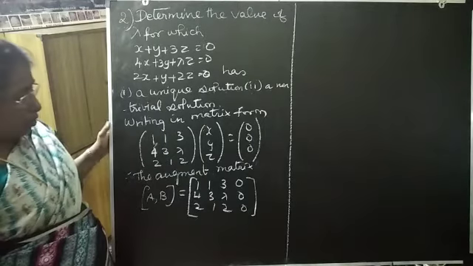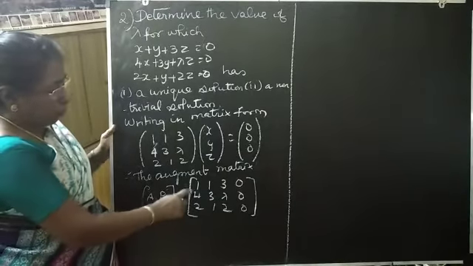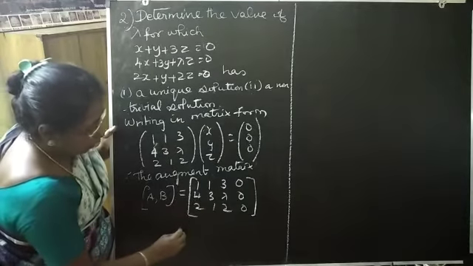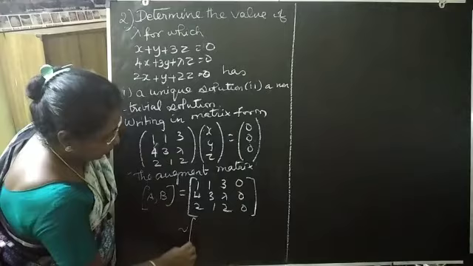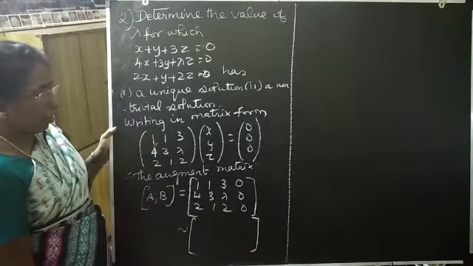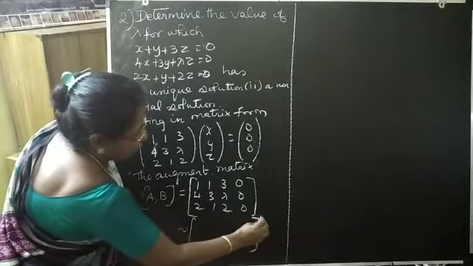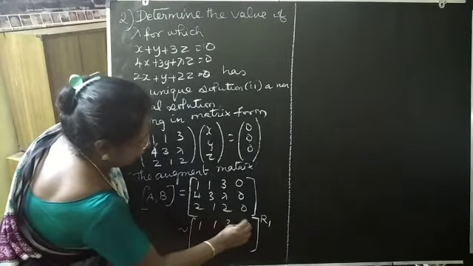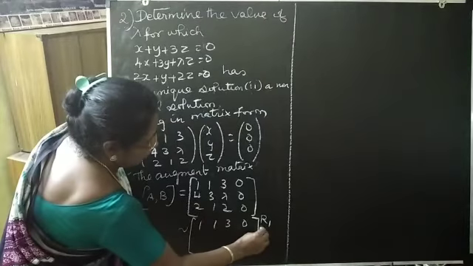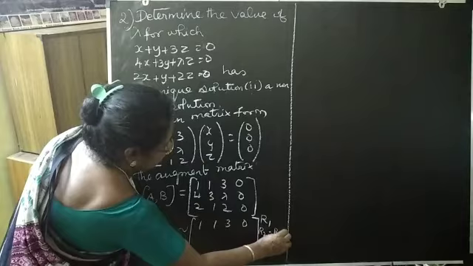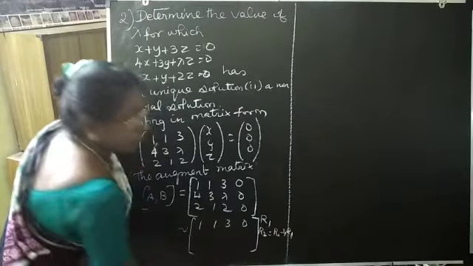To solve this equation, we are supposed to write this in echelon form. So, the next step is using elementary transformations. We are going to reduce the rows. R1 is as it is: 1, 1, 3, 0. R2 is equal to R2 minus 4R1.